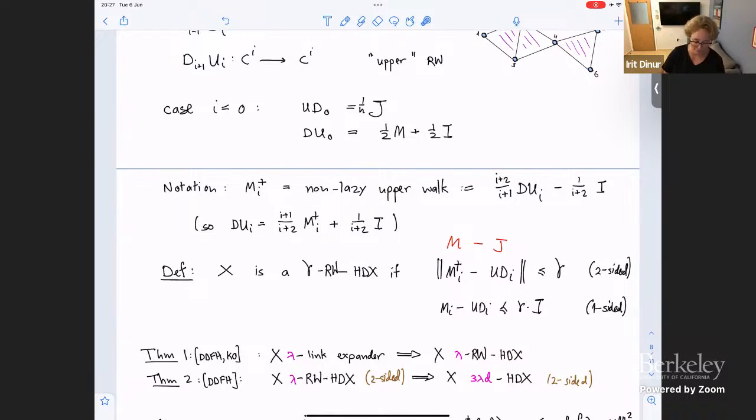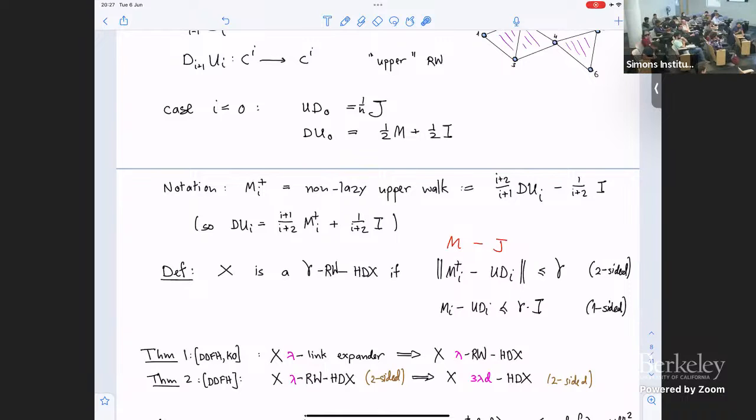Qualitatively, these two definitions are the same. After the break, we will talk more about this. Let me allow some questions before we take a break.